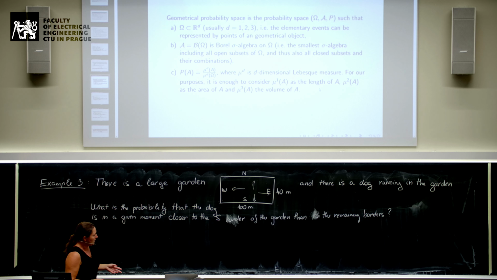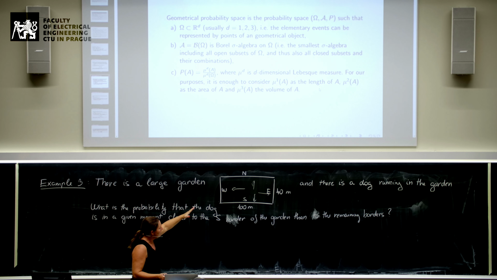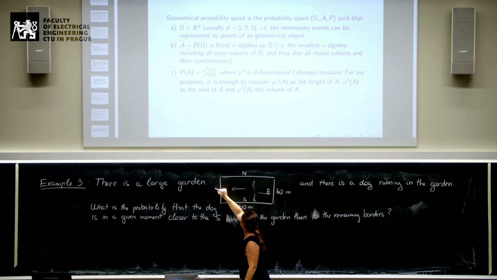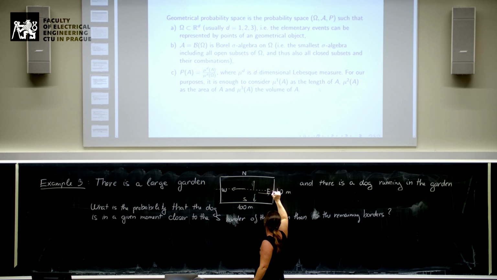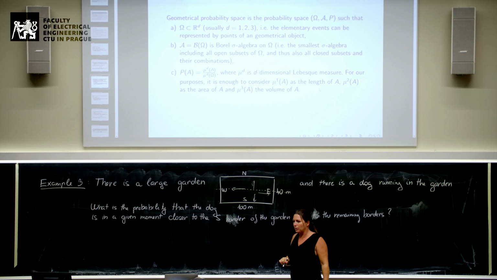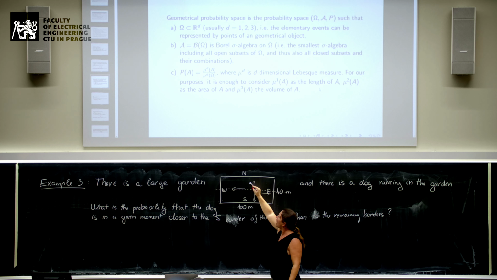First, what we need is to define the region where the points are closer to the south border than to the remaining borders. It is quite natural to form the line between the north and the south borders. So all points which are in the upper rectangle are closer to the north border.